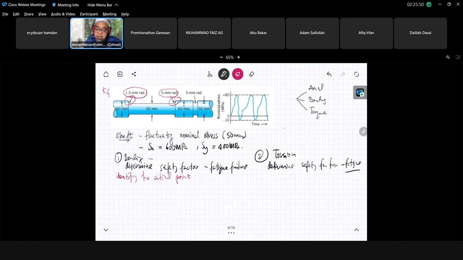The bigger or the smaller? The smaller one, Doctor. From the values we can just look, or we could prove it, but we just choose one. This is the critical one, so we choose this fillet radius to calculate Kf.